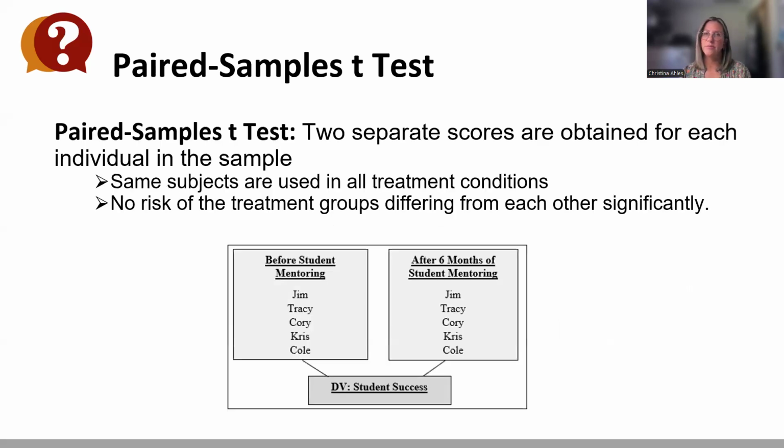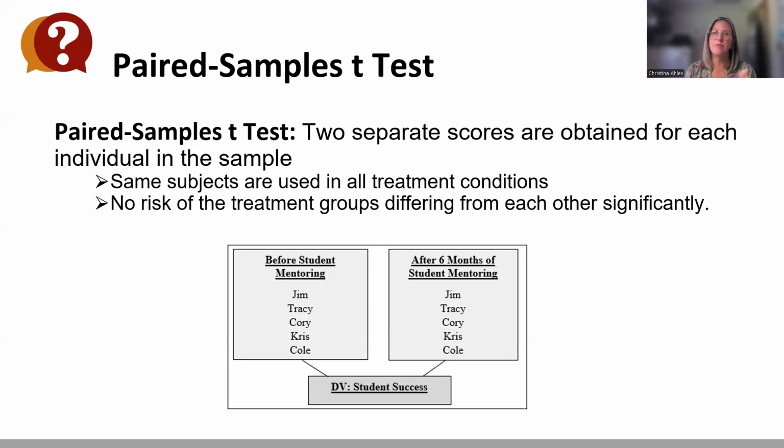With the paired samples t-test, again, there's two scores for each individual. The same people are used in each condition, and this helps lower the risk of individual differences, their characteristics or traits that differ between groups, becoming a big impact.